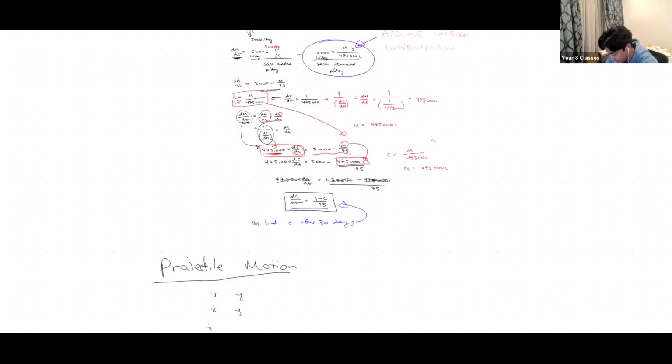This is displacement. And this is acceleration. And a key part of it is recognizing that these are separate. So what happens in the y-axis does not influence what happens in the x-axis, and vice versa.